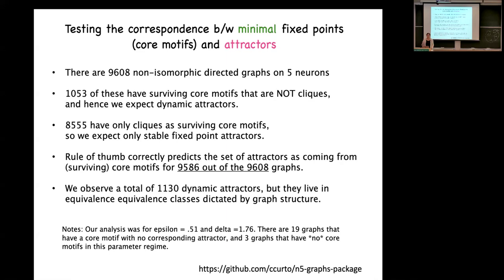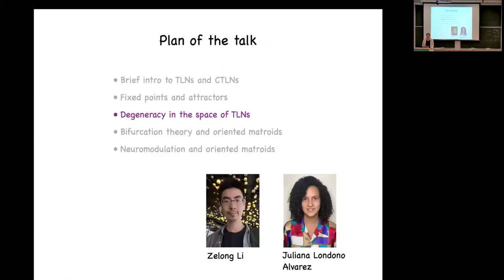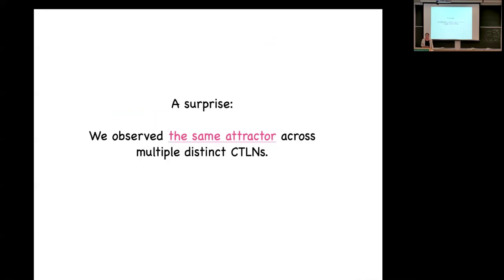Okay, so we could predict these dynamic attractors. But then we discovered something unexpected. And this leads me to the first meaty part of the talk, which is about degeneracy in the space of TLNs. This was a surprise.